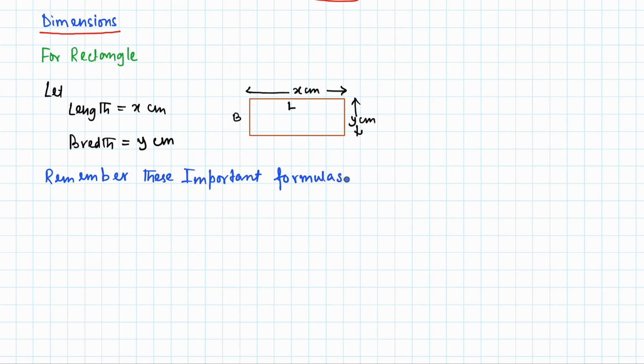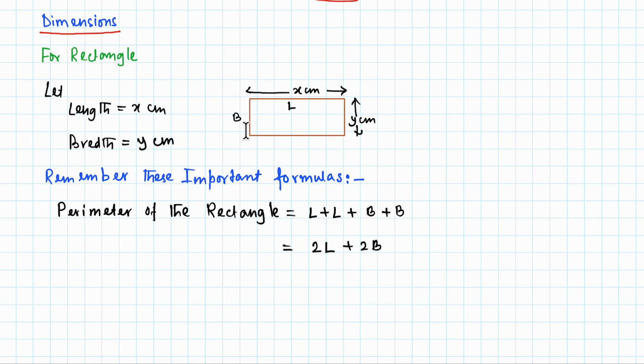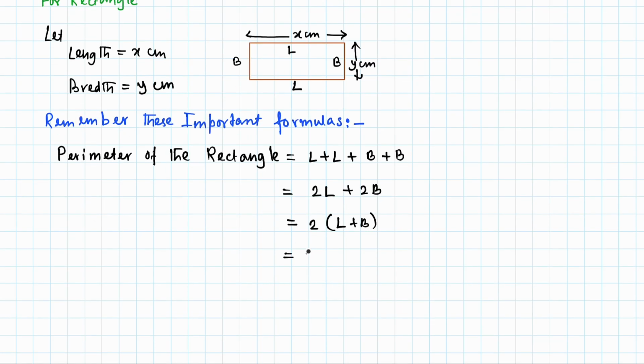formulas. We need to know some of the formulas of geometrical shapes, especially the rectangle. Now, how can we find the perimeter of a rectangle? That is length plus length and breadth plus breadth, the sum of all the sides. It becomes 2 length plus 2 breadth, and finally 2 into (length plus breadth).